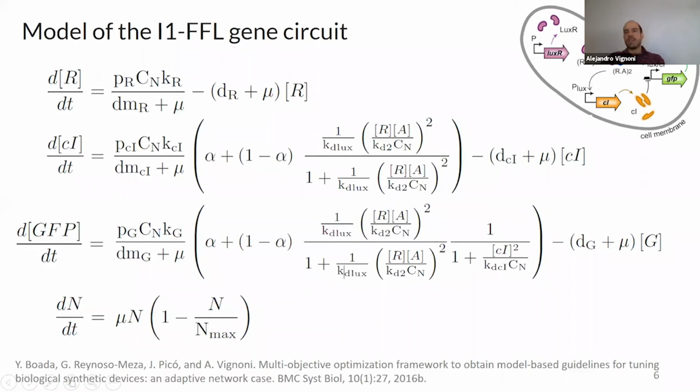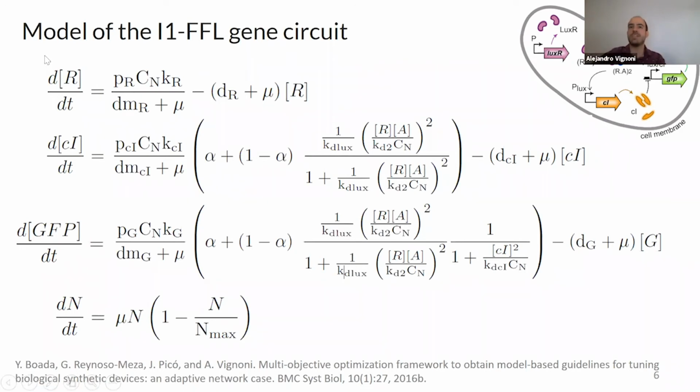So again, they look like big expressions, but in general, they are the same that we were seeing before. This one is the hybrid promoter, and it's a little bit bigger, but it has two terms that we know, the term from the repressor and the term from the activator. And here I'm putting all this detail because when you design, you may want to change things.